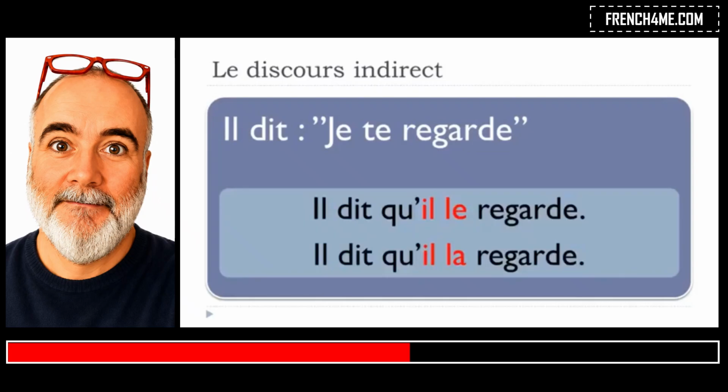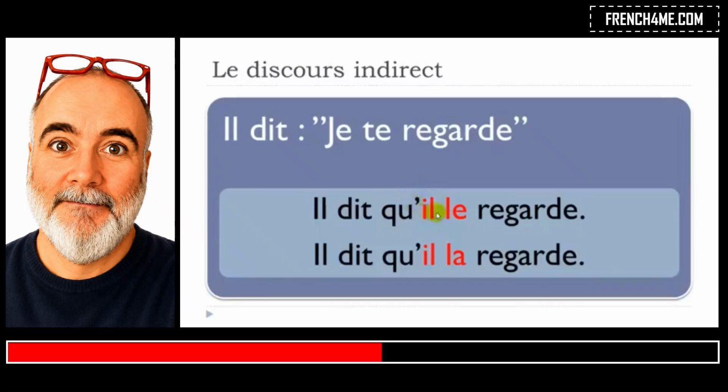Let's see now. It's quite interesting because in that case, if you've got the sentence just like that, without any previous information, whether this te is for a boy or a girl, then it can be quite tricky because we don't really know, and we'll have two options. The first one, il dit qu'il.